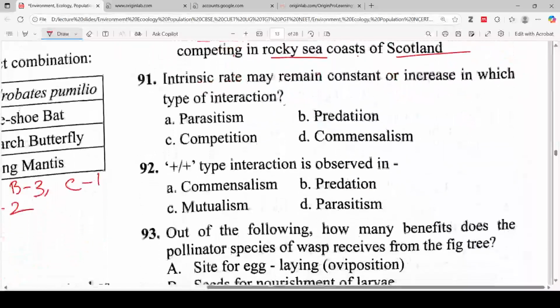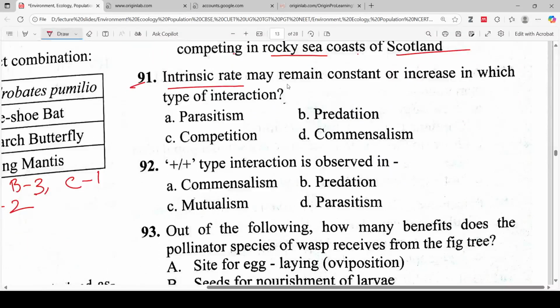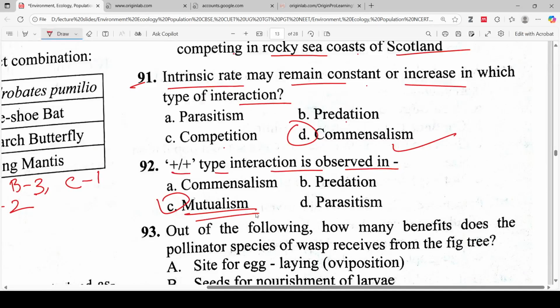Next question. Intrinsic rate may remain constant or increase in which type of interaction? Parasitism, competition, predation, and commensalism. So the correct answer is option D. Next question. Plus type interaction is observed in mutualism, which will be the correct answer. Plus mutualism.